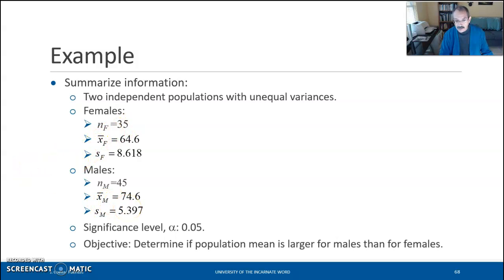We want to conduct this test at a significance level of 0.05, and the objective is to determine if the population mean is larger for males than for females. So we're comparing two means. We know that we're dealing with a comparison of two independent populations. They have unequal variances, and we would like to compare the means of these two populations.